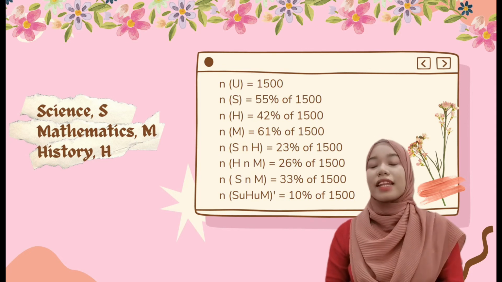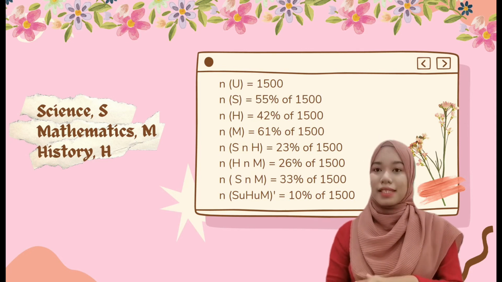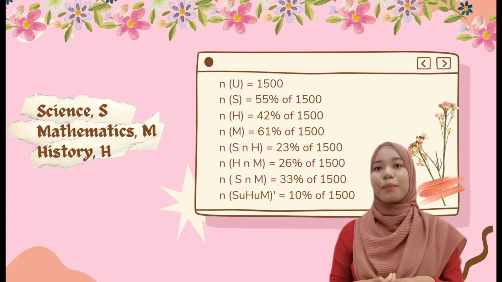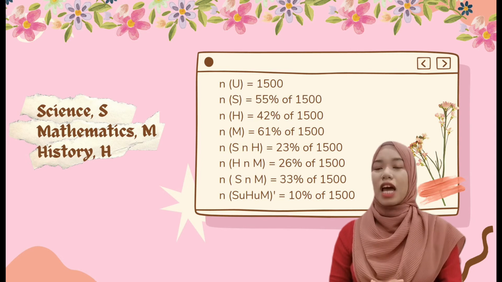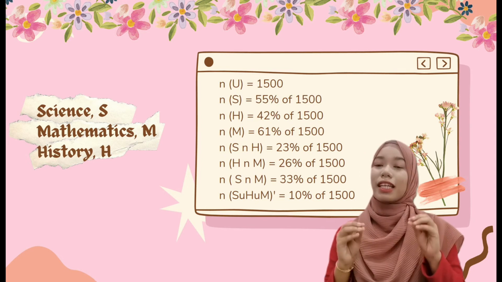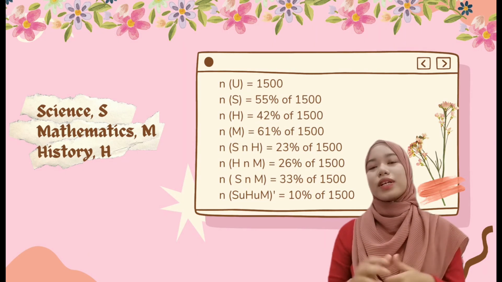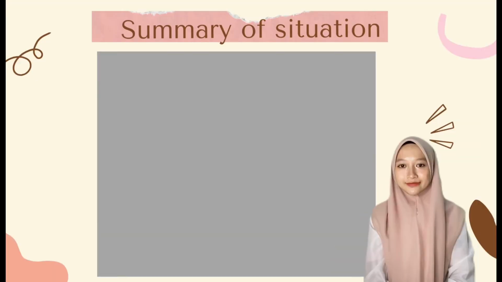Students who like science and history were 23%, students who like history and mathematics were 26%, and students who like science and mathematics were 33%. Not only that, students who did not like all 3 subjects were 10%.